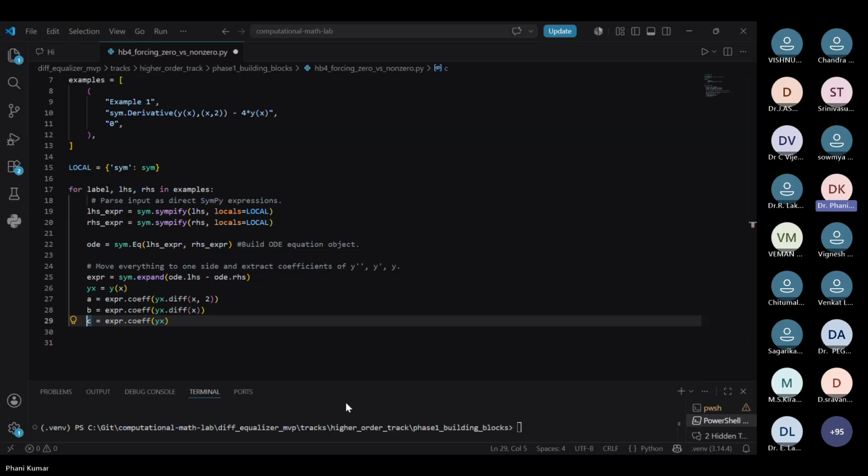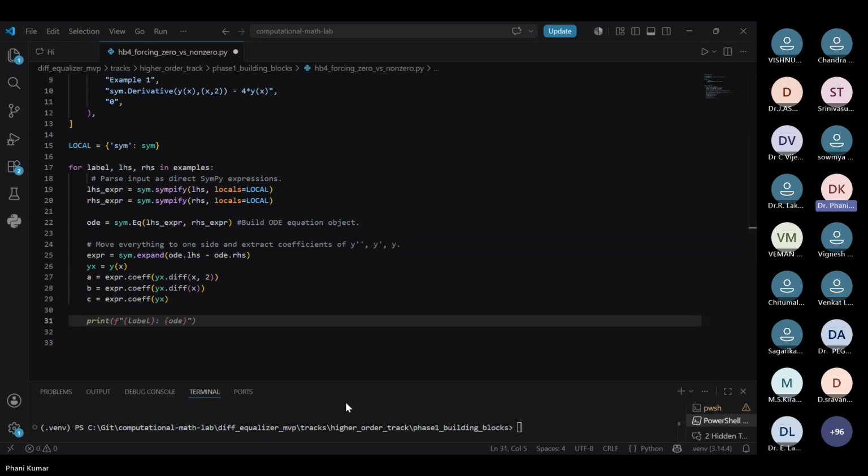That is the SimPy expression, and then SimPy will run, okay, this is the expression which is in SimPy. That is the differential equation, right? So whatever we type, we convert using sim.simplify. And the same thing for whatever RHS is there, using the method sim.simplify, we convert it, and it is stored in RHS underscore expression, right?